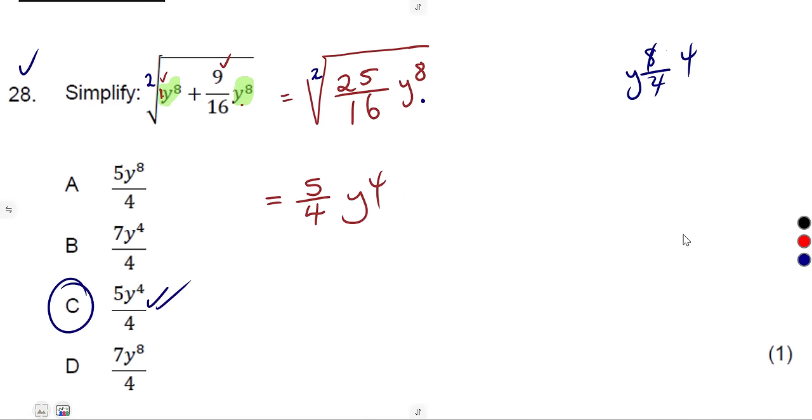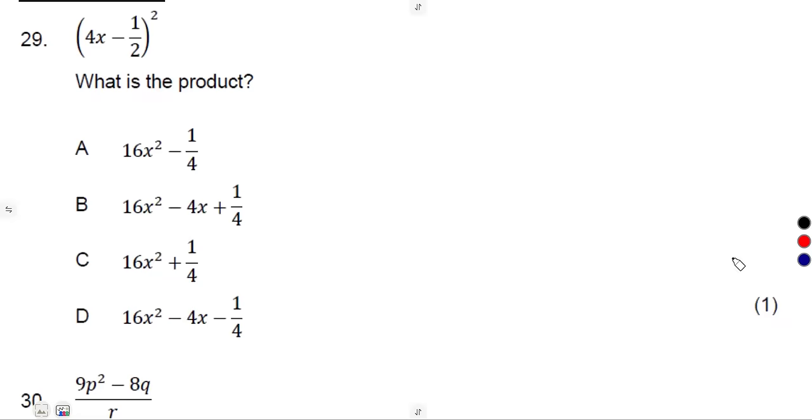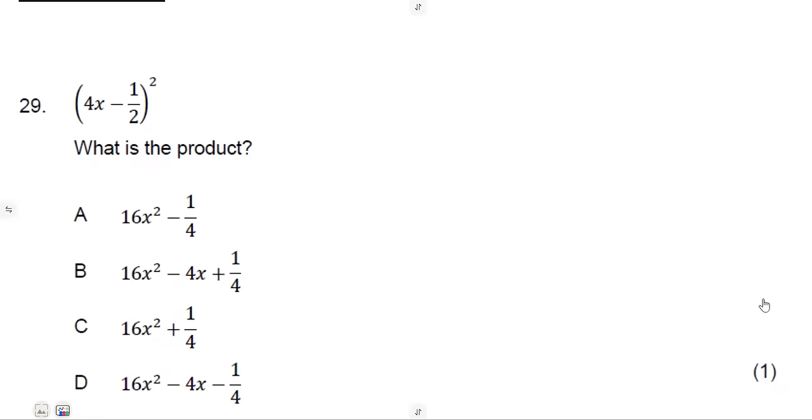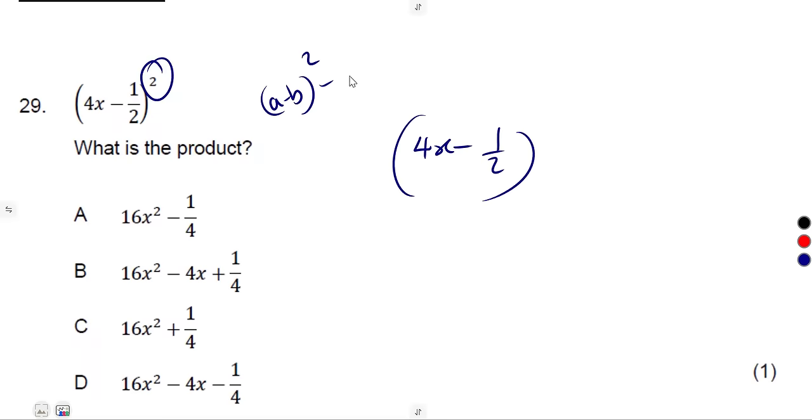All right. Number 29, from this expand, what is the product? They simply say expand. To the exponent of 2, there are two brackets. Yes, we can use the a minus b squared, which is a squared minus 2ab plus b squared. I'm going to explain it later on. But anyways, two brackets, simply expand.